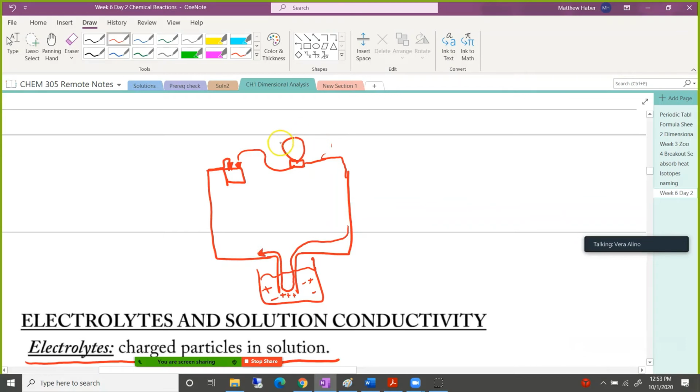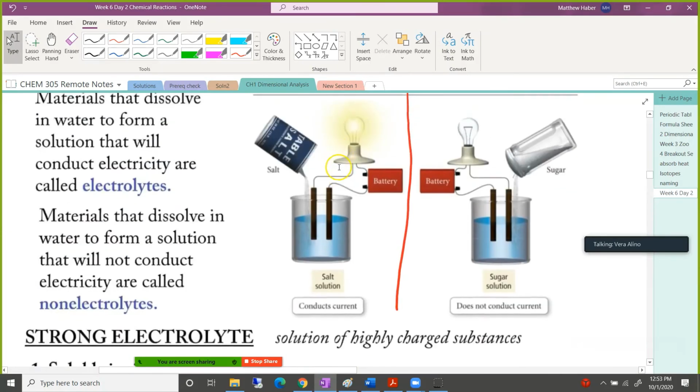And because of that, your light bulb will glow. So if you put table salt or any sort of compound that can break apart into ions in water, you're going to form an electrolyte solution which will make your light bulb glow.